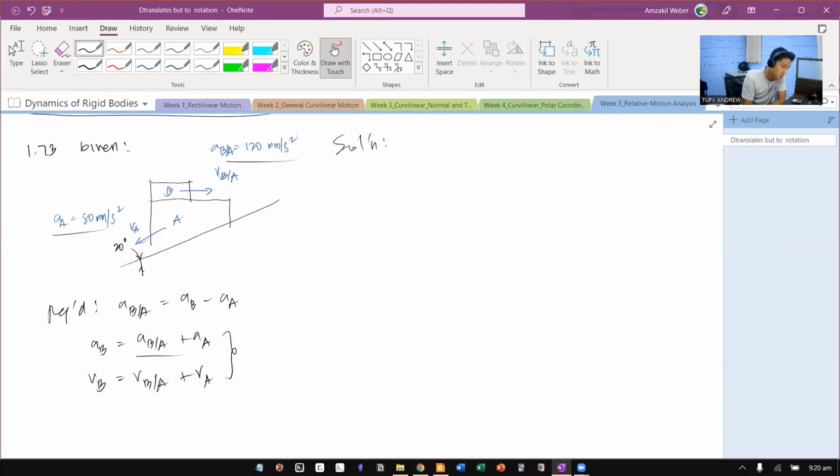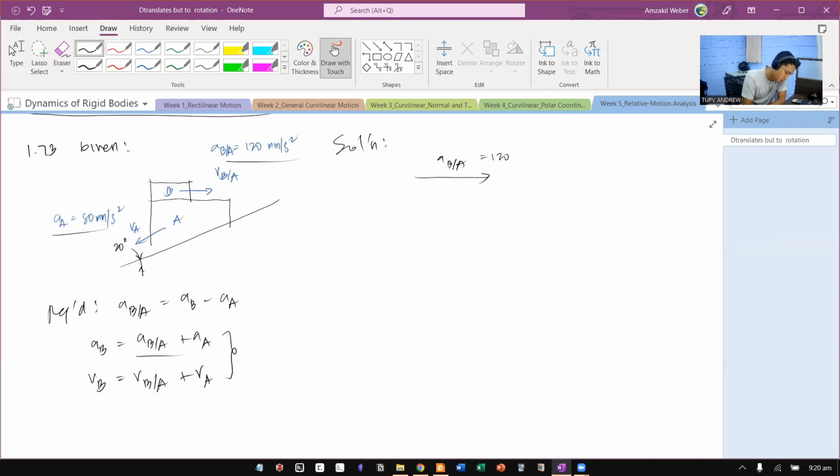Okay, so I will use the vectorial form. AB/A is 120, while AA is downward, this 80.